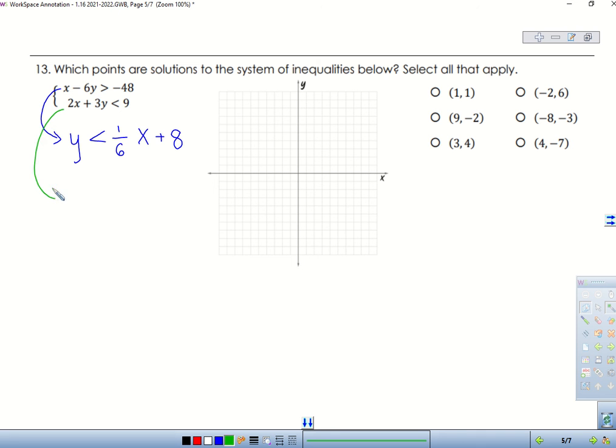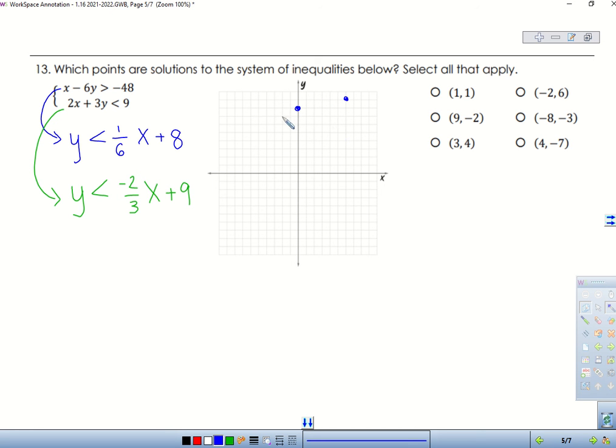And this one, when you simplify it, comes out to be y is less than -2/3 x plus 9. So now we're going to plot those just like we were before. We start at the 8: 1, 2, 3, 4, 5, 6, 7, 8. And we go up 1 and over 6.